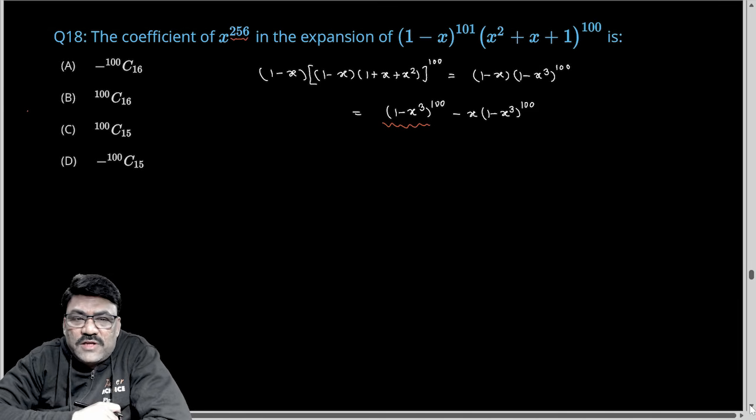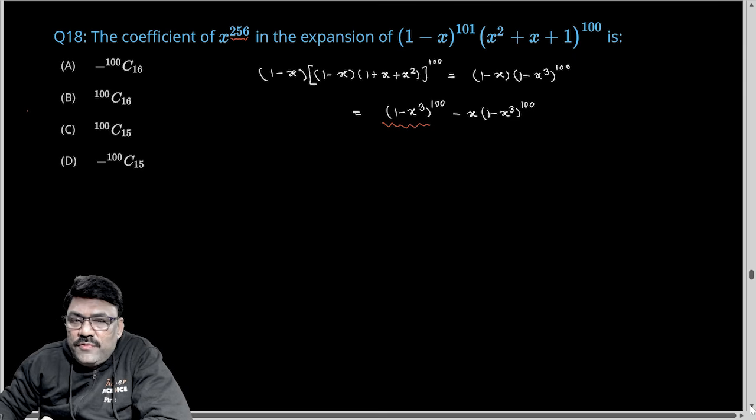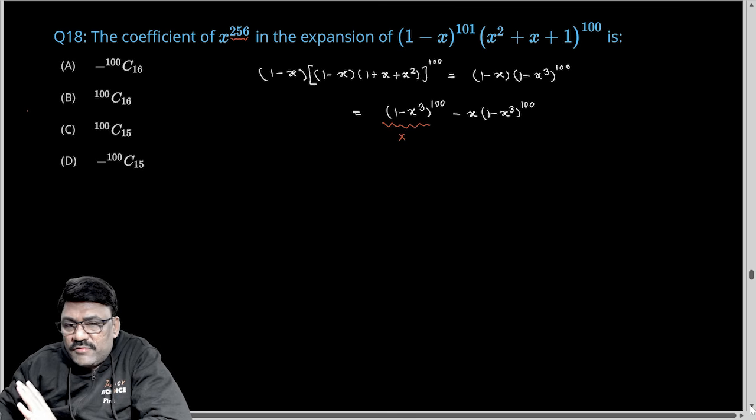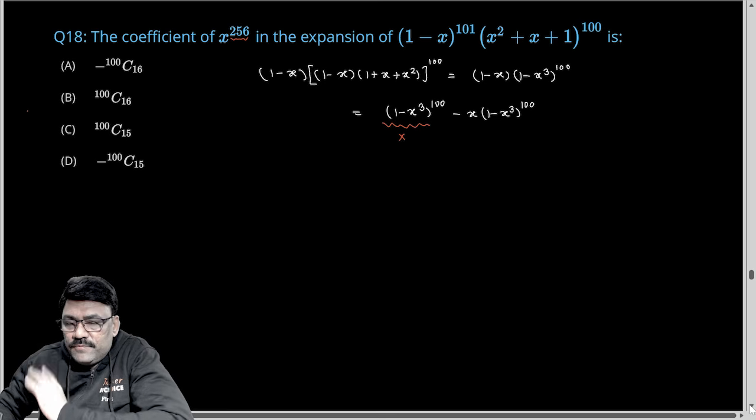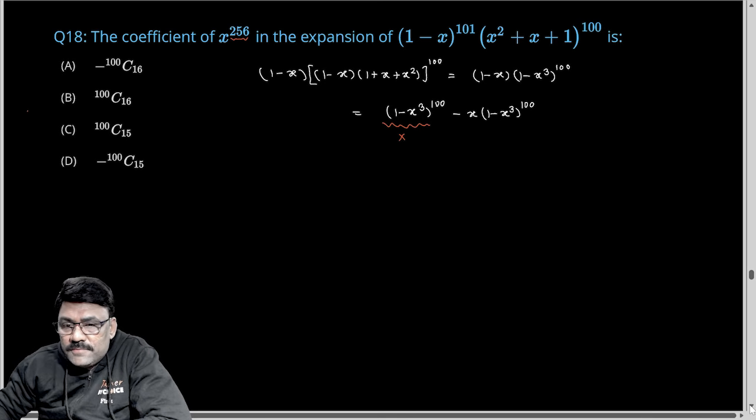It is actually one more than a multiple of 3; 255 will be a multiple of 3. So there is no term containing x raised to 256 in this expansion, because the power of x will be a multiple of 3 all the time. That means you will get x raised to 256 from the second part.